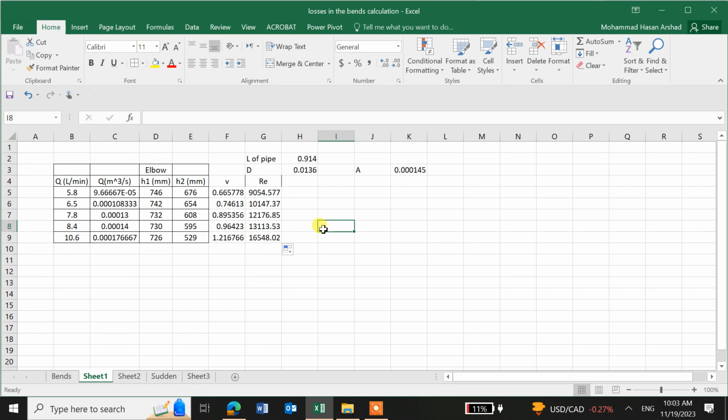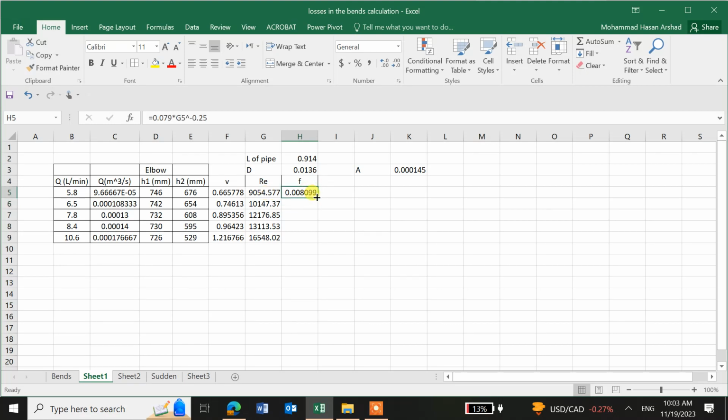Okay, and then this is a smooth pipe. So we are trying to find the head loss which will occur in the straight section of pipe. So this is the friction factor, which is 0.79 times Re power minus 0.25.